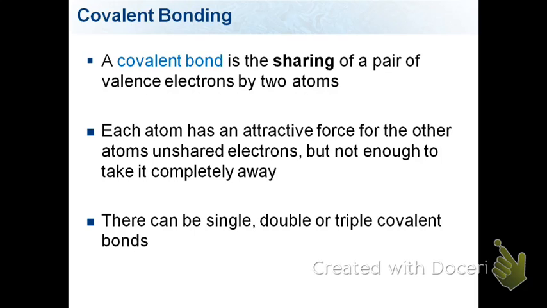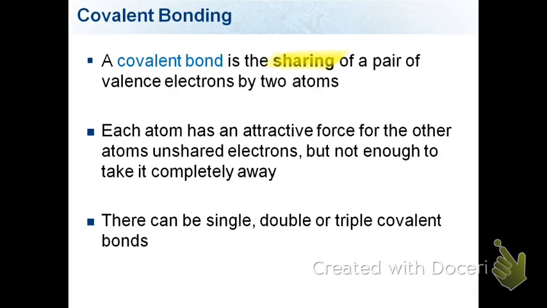So one of the most important kinds of bonds is a covalent bond. It's a very strong bond. And in a covalent bond, atoms are sharing electrons. This is really important to be thinking. The sharing of electrons is the really important element here. 2 atoms are sharing electrons. So we'll talk about that.